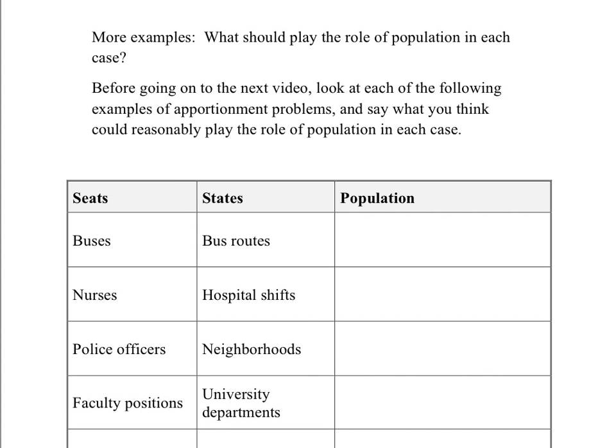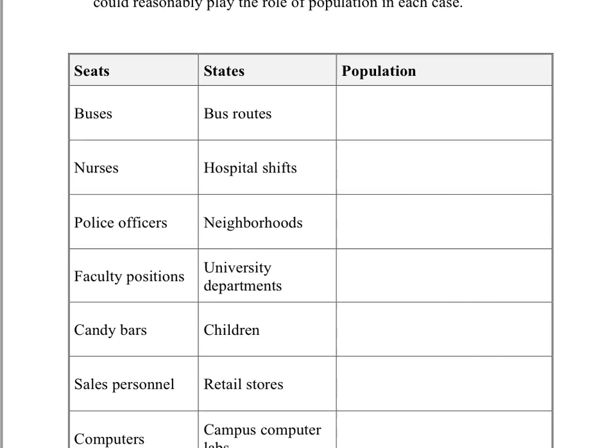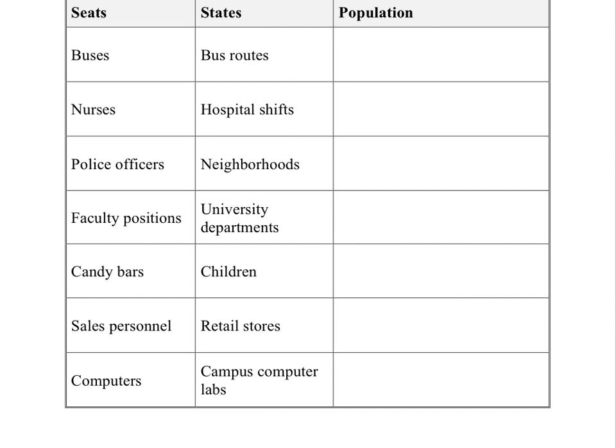To make sure that we really understand this, and to see how this applies outside of politics, let's try to understand what should play the role of population in a number of non-political examples. So before going on to the next video, look at these examples of apportionment problems and say what you think could reasonably play the role of population in each case. Right?